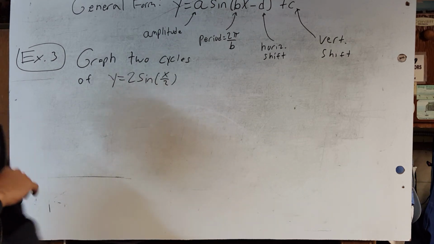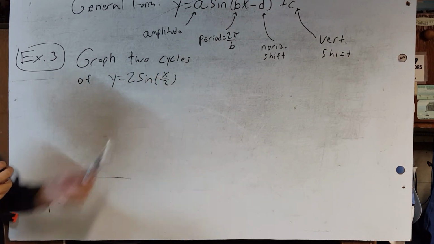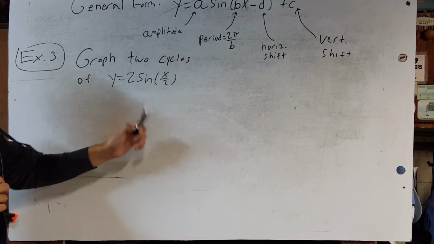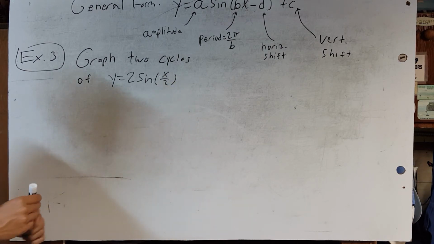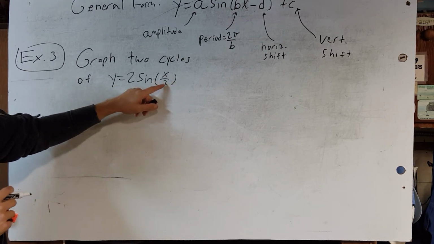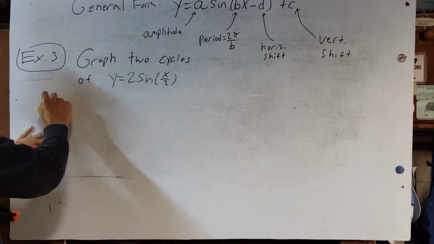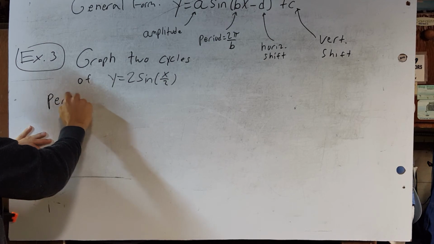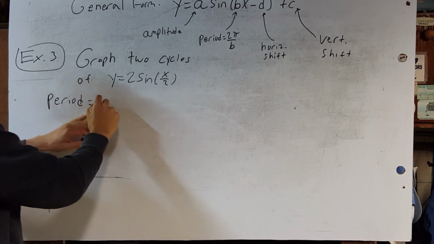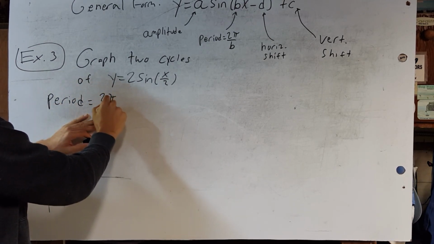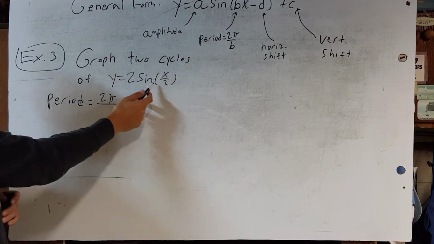Alright, our last example here. We're going to graph 2 cycles this time of y equals 2 times sine of x over 2. So I see, hey, something's happening here. B is not 1 anymore, it's something different. I'm going to check out what the period is. Period is 2 pi divided by B. B is not 2.